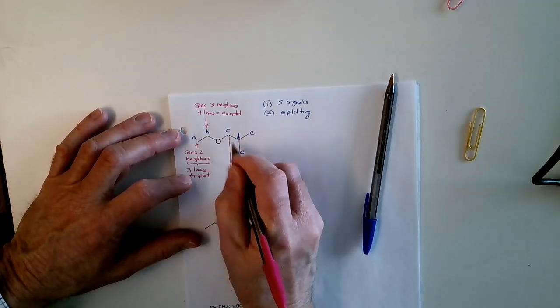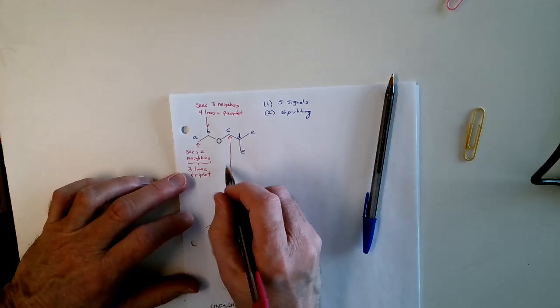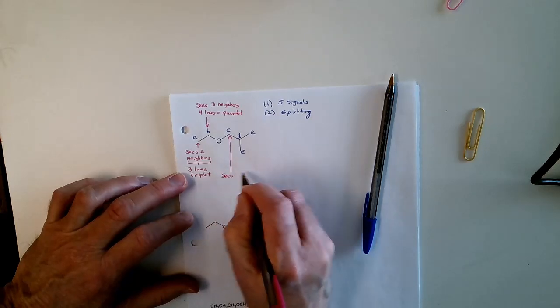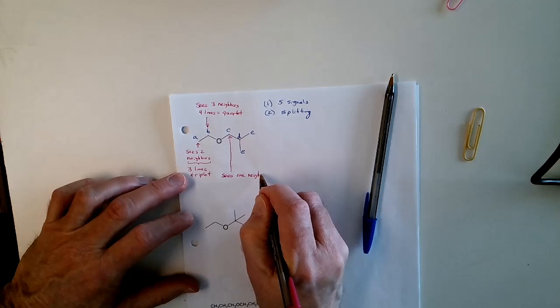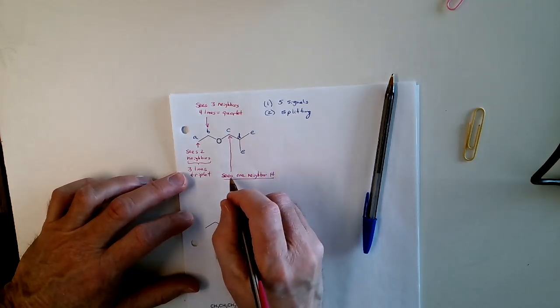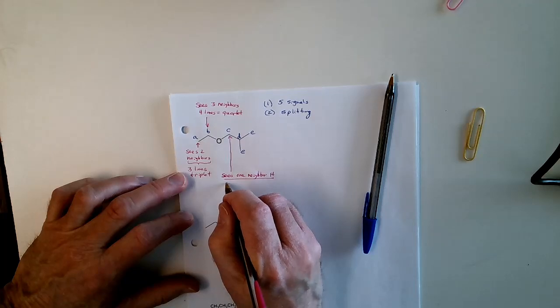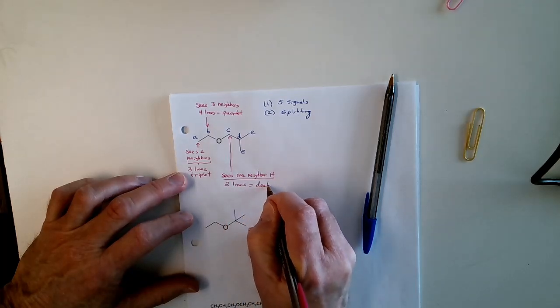Okay, then we're to C. And this may be the one, I don't know, this one may be the trickiest one. Let's see how it goes. This one only has 1 neighbor. Just 1 neighbor hydrogen. So that means it is split into 2 lines, which equals a doublet.